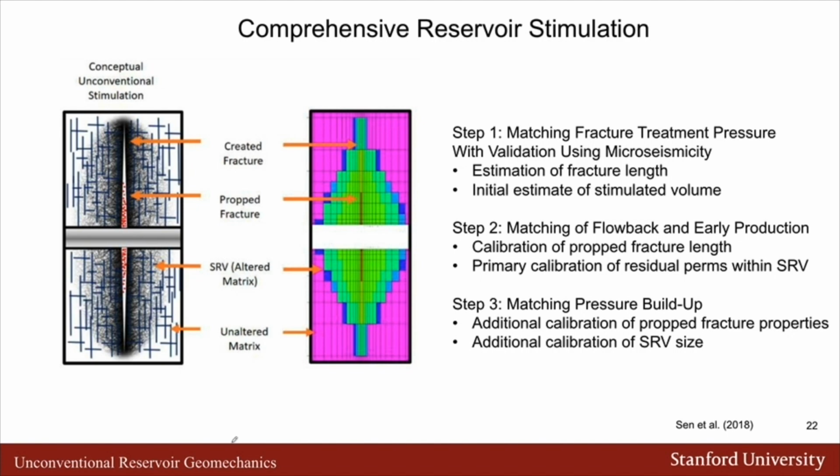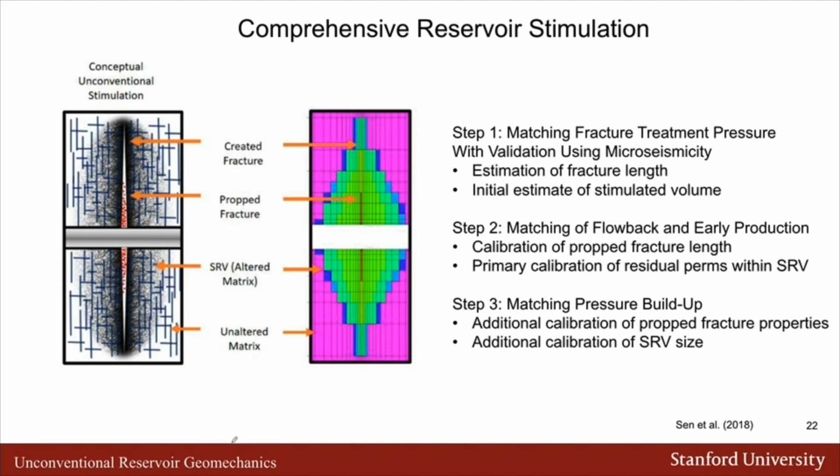Now, I kind of look at this as a process in which we have a propped hydraulic fracture and then this shear fracture network surrounding the hydraulic fracture. And that's kind of what they're modeling too. They have a hydraulic fracture, which is propped, and then what they're calling the SRV is the matrix of enhanced permeability.